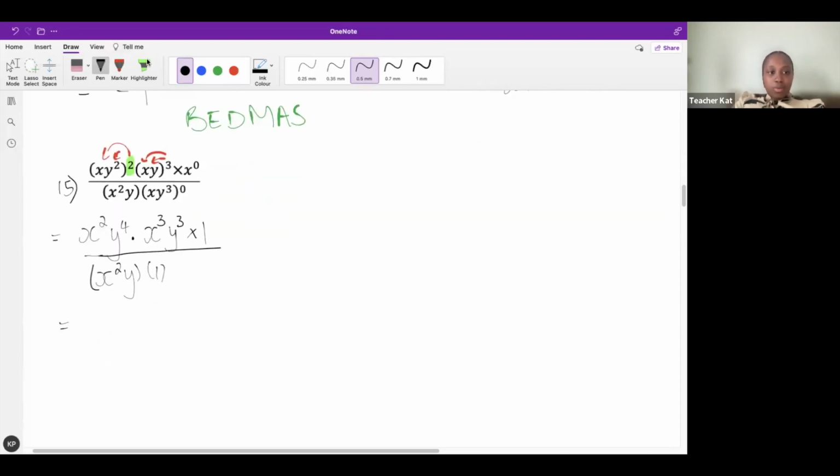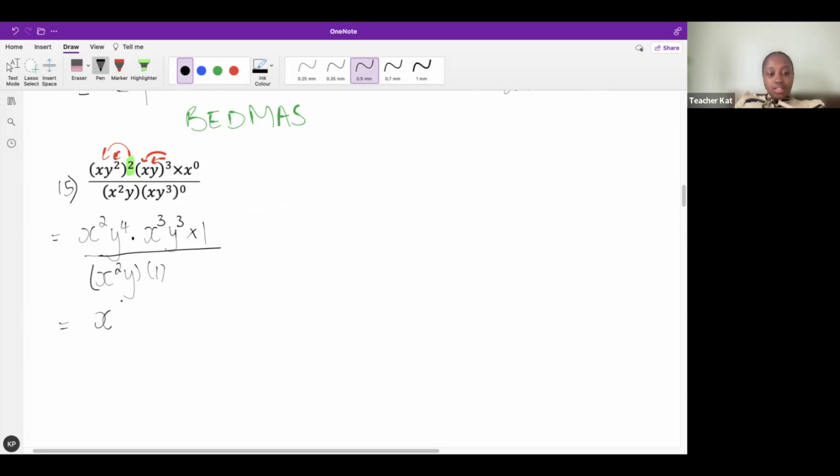What's happening there by my numerator? I am multiplying, so what can I do with my exponents? In the numerator, I can add them, okay? Remember, we're not plussing like terms for addition and subtraction, but I can add my exponents.